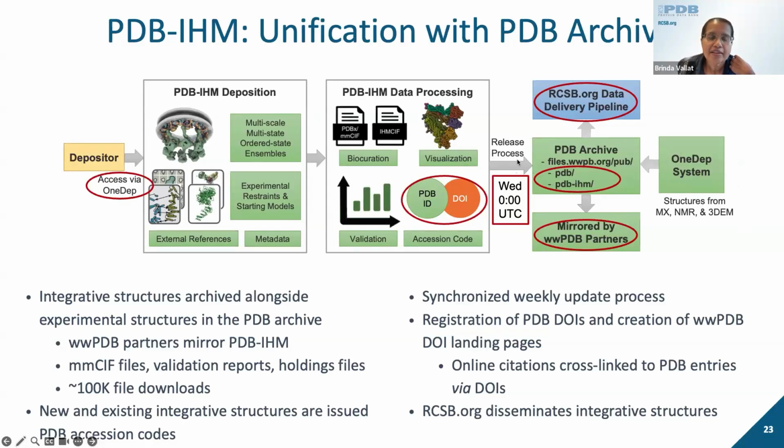And if you look at the PDB archive, there is a directory parallel to PDB, a PDB-IHM directory, that now contains all the integrative structures that are processed by the PDB-IHM pipeline. And the PDB archive along with PDB-IHM is mirrored by all the wwPDB partners. And this now enables RCSB.org to consume that data along with experimental structures and then deliver it on RCSB.org.